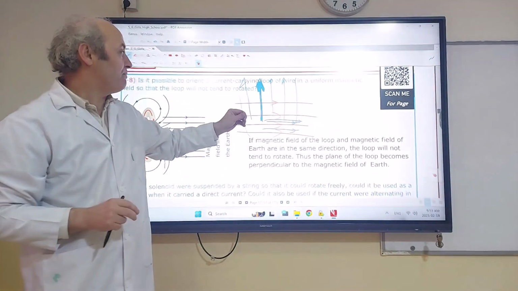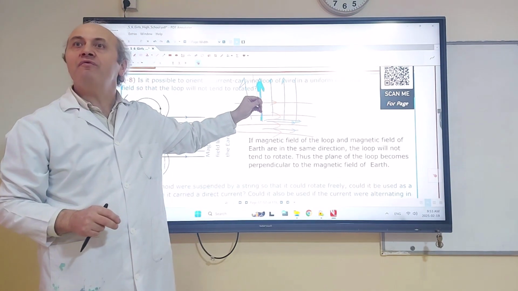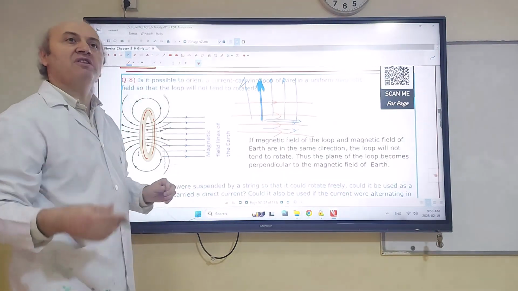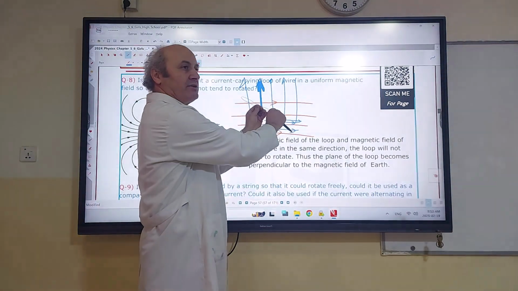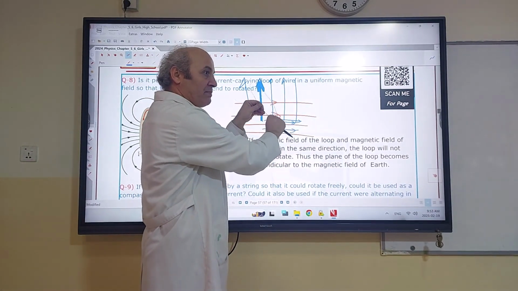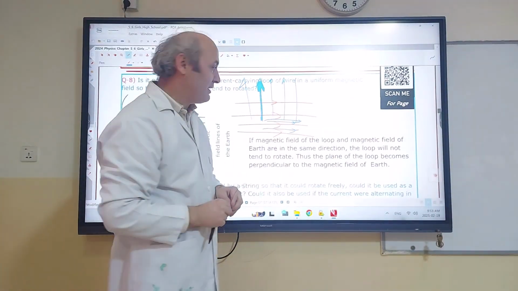When the loop takes a position perpendicular to the external magnetic field, the loop will not tend to rotate. But any orientation different than perpendicular, like this, parallel, it will tend to rotate until it becomes perpendicular to the external magnetic field.